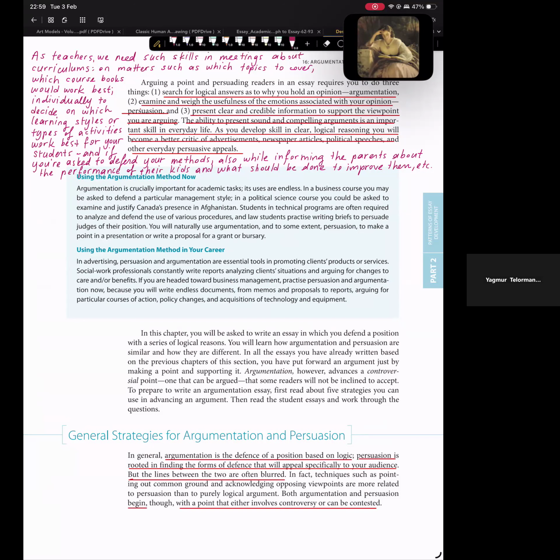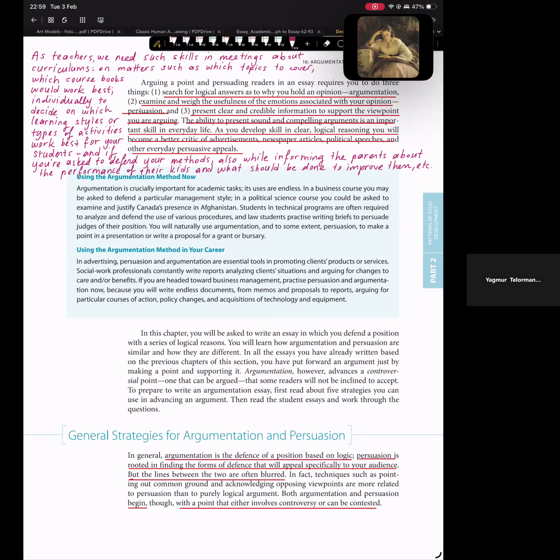Also, while informing the parents about the performance of their kids and what should be done to improve them, etc. We need the persuasion skills, especially since the parents are not trained teachers like us, so it might be a little bit more difficult to explain to them what we are doing and why we are doing it and why it benefits the students.